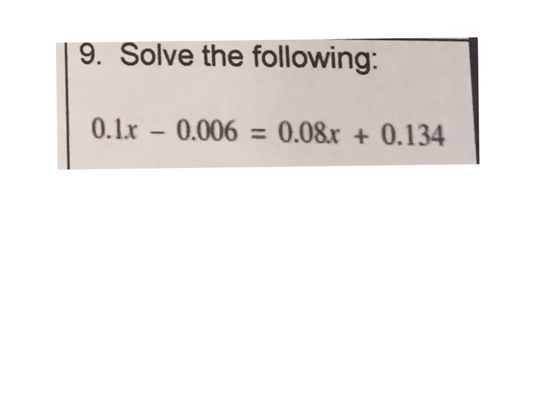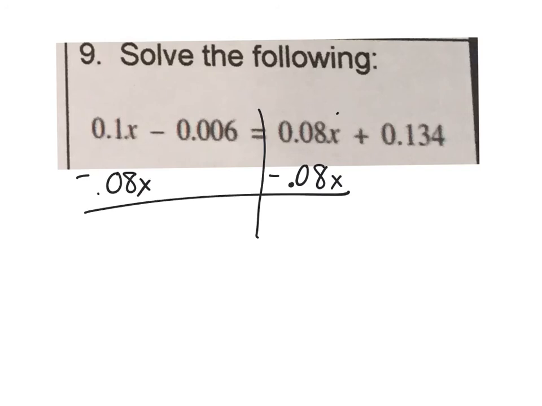So once again, I like to put my x's on the left. It doesn't matter where you put them, I just always start there. So I'm going to minus this 8/100 from both sides. Okay, this will cancel, but you need to think of the 1/10 as having a 0. I'm actually going to move it up here.